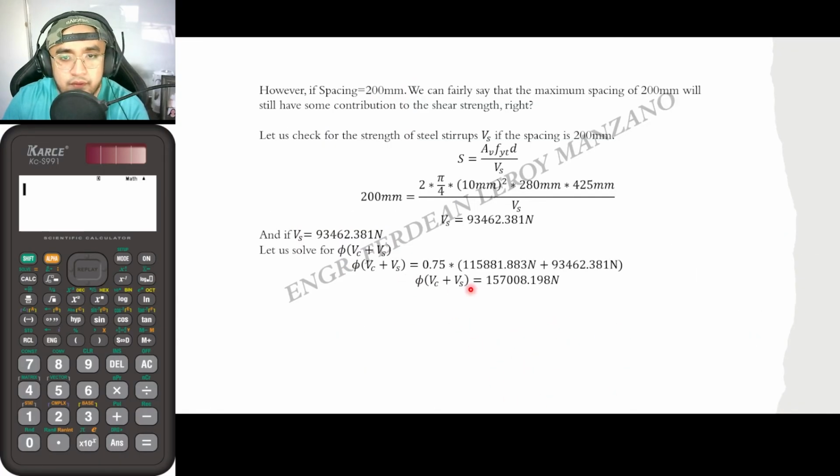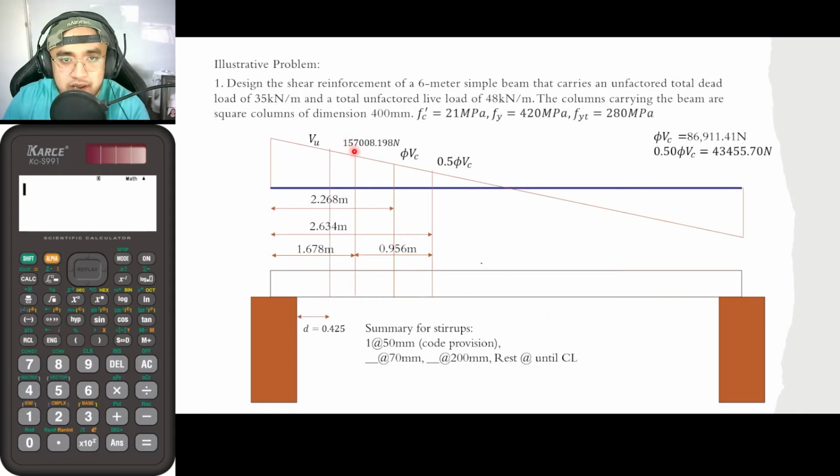And from that, we have solved for a value of VU, which is 157,008.198. So, proceeding, at VU is equal to 157,008.198, we can solve for a distance of 1.678. Okay? So, meaning, at this region here, let me just highlight it.